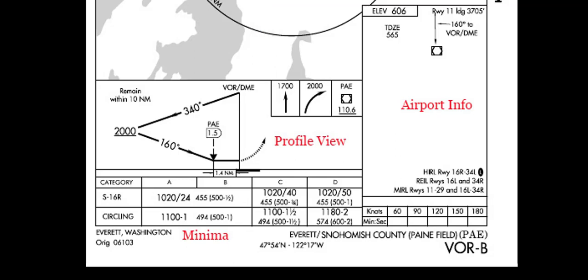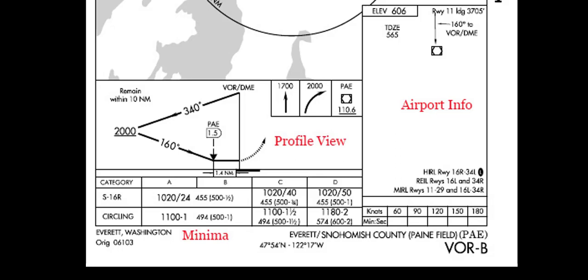The minima section tells us the lowest height we should be at, at which point we must see the runway. The MDA equals the minimum descent altitude. MDA here is 1,020 feet MSL. The 24 next to it means that the pilot should have a minimum forward visibility of 2,400 feet.